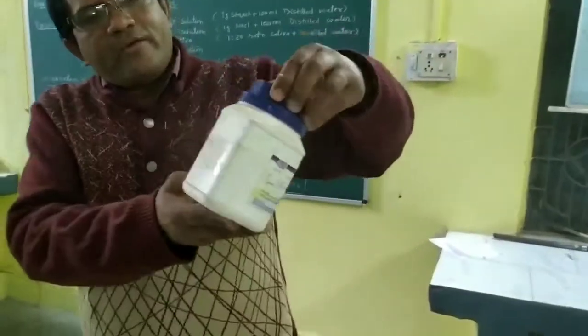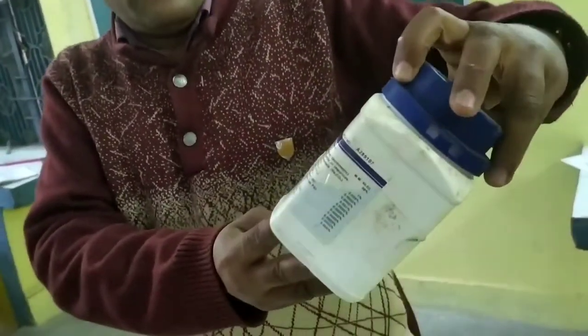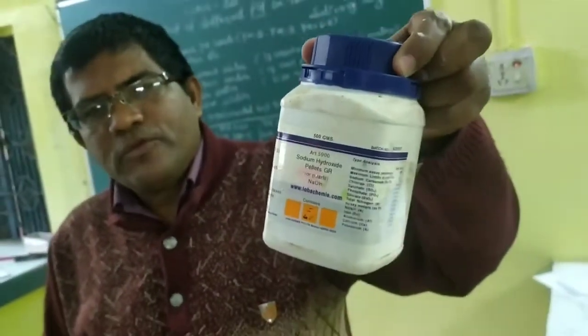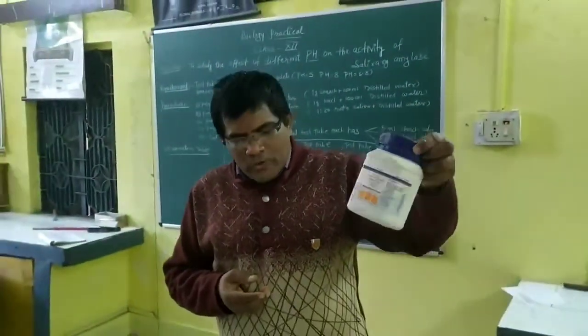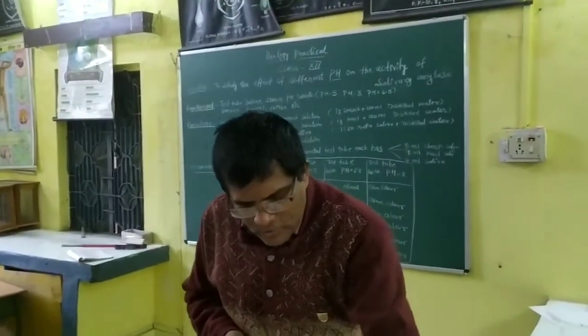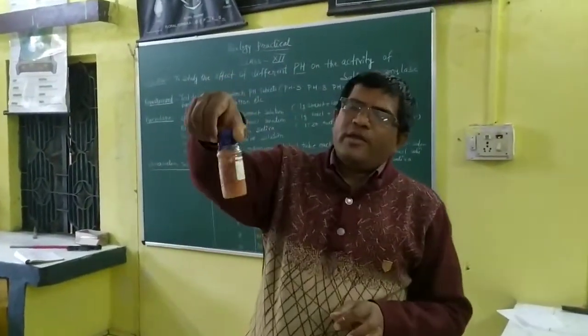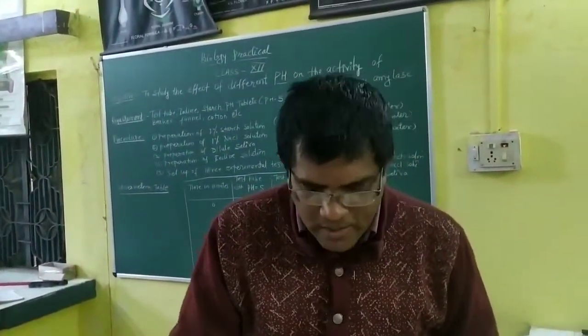And this is the base I have taken, sodium hydroxide, which I will use as the basic medium. So I have one acid and one base, along with pH 6.8, as the basic requirement for this experiment.